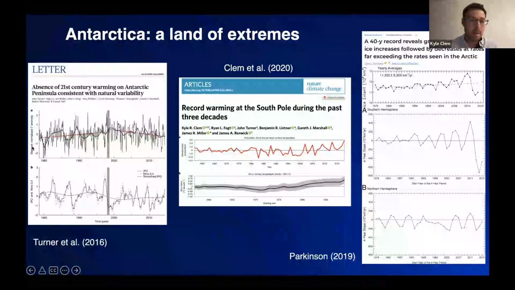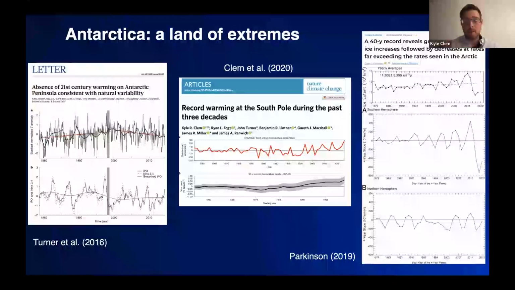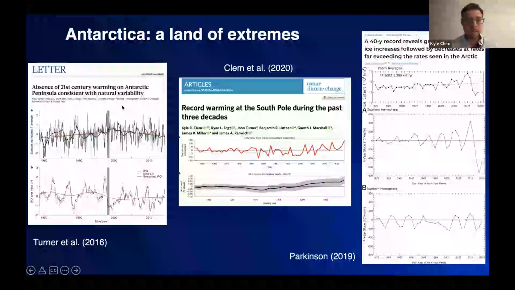So some examples of extreme multi-decadal variability in this case. The Antarctic Peninsula here on the left was once the most rapidly warming place on the planet. And then that suddenly stopped, and all of a sudden it started cooling. These rapid dramatic swings in multi-decadal variability are quite common in the Antarctic.